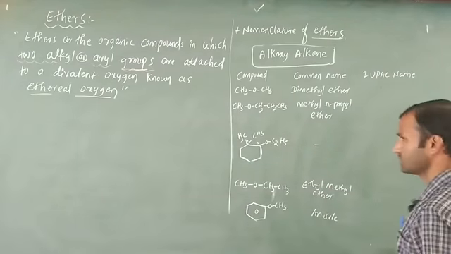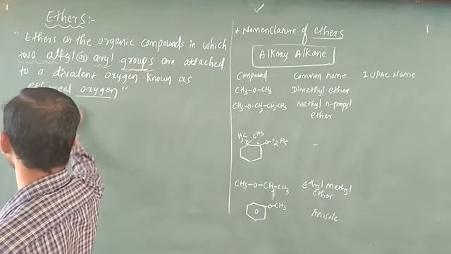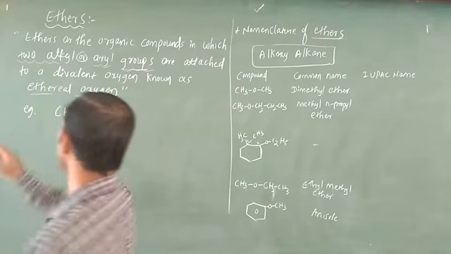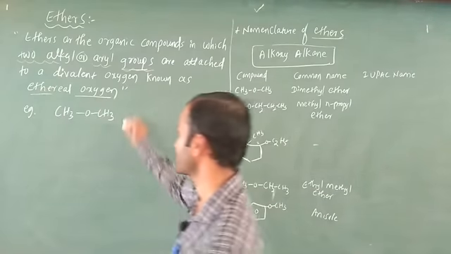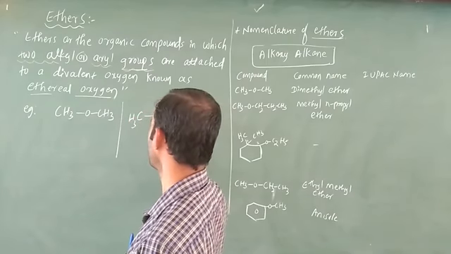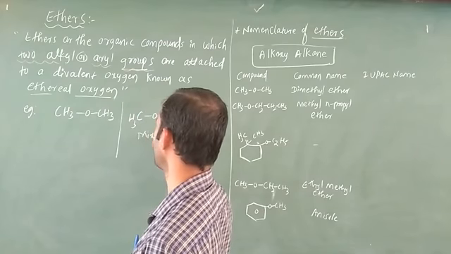Here I am going to consider some examples. CH3-O-CH3 is not a mixed ether. A mixed ether is different: CH3, then O, then C2H5. This is a mixed ether. In the first case, we call it a normal or similar ether, but this one is a mixed ether.